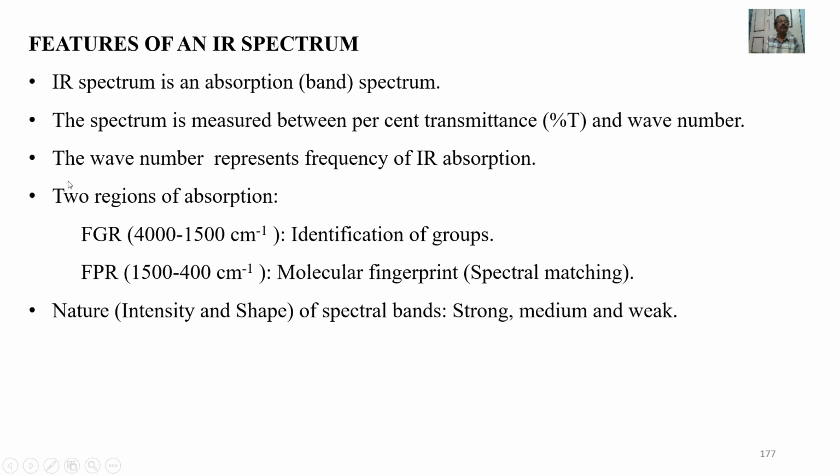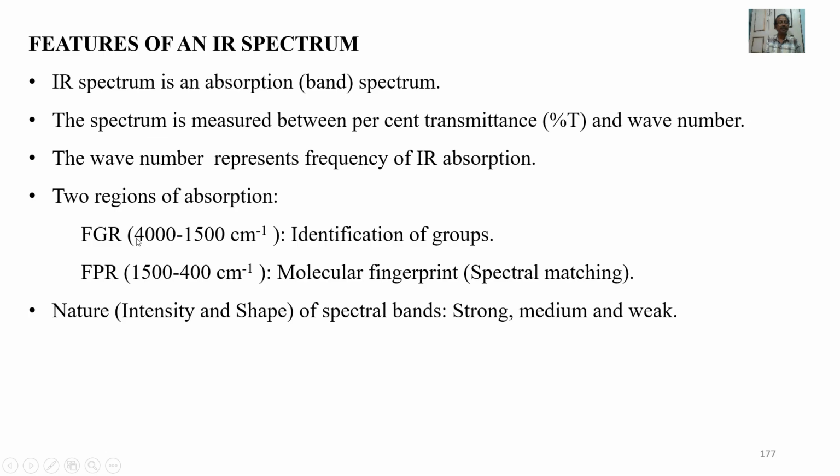Features of an IR spectrum. An IR spectrum is an absorption band spectrum. The spectrum is measured between percentage of transmittance and wave number. The wave number represents the frequency of IR absorption. There are two regions of absorption.